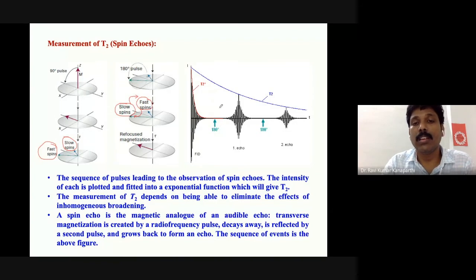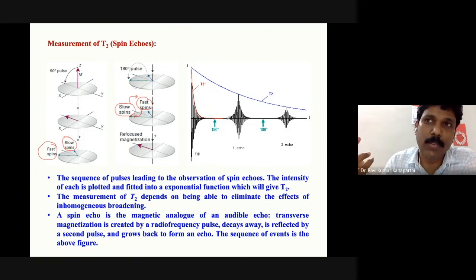The FID signal you will see initially, but later as the spins are moving, whenever they touch here, it comes here. So again you apply a 180-degree pulse with a delay, the spins will be reversed, and then again you will see an echo.